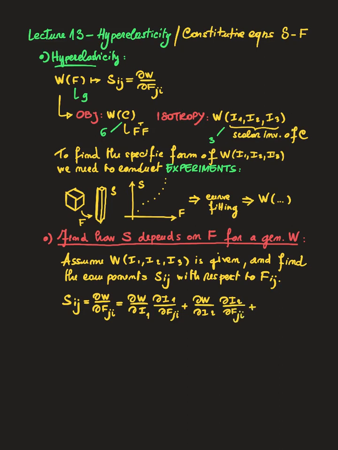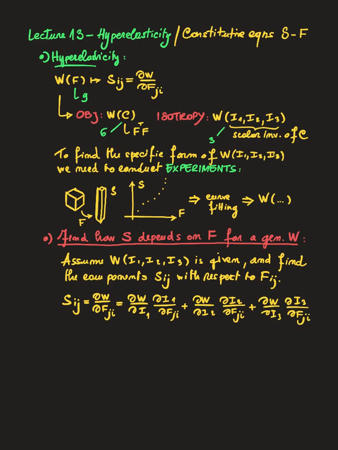There's nothing strange in all this, yes? Fji is just one variable. Plus the derivative of W with respect to I3 times the derivative of I3 relative to Fji.